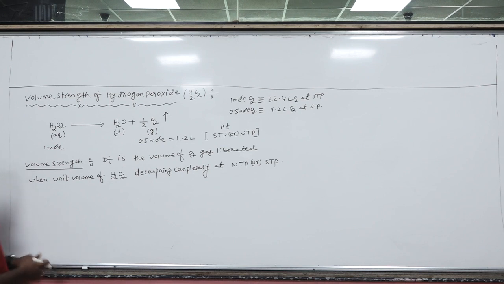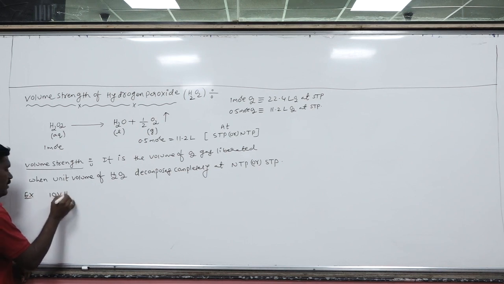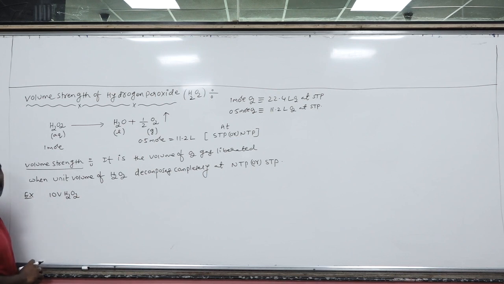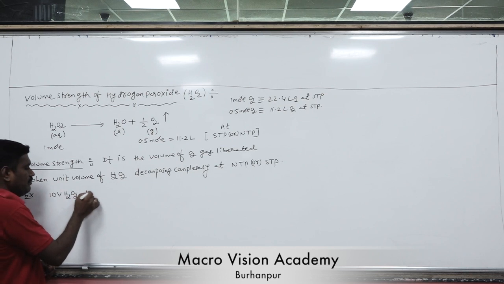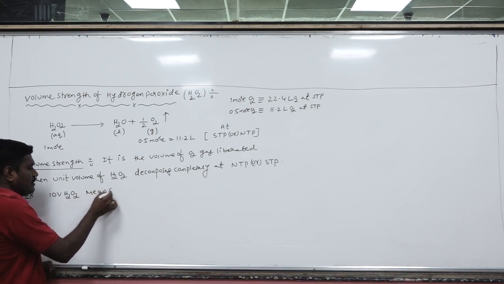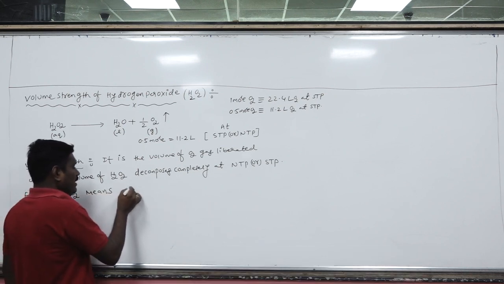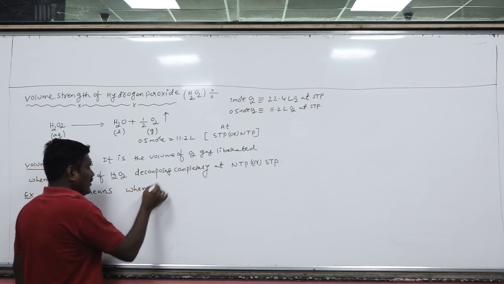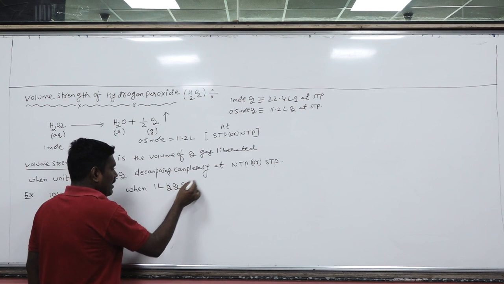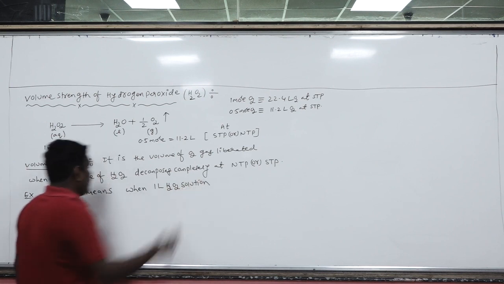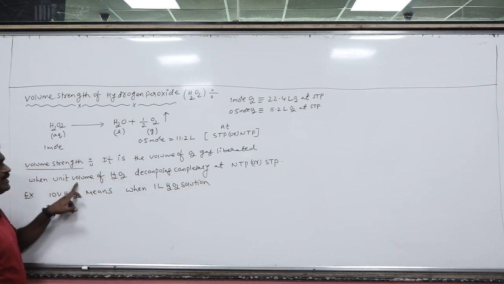Okay. Let's suppose, for example, we have 10 volume H2O2. What is the meaning of 10 volume H2O2? It means when 1 liter H2O2 solution, remember always the volume of H2O2 should be unit.